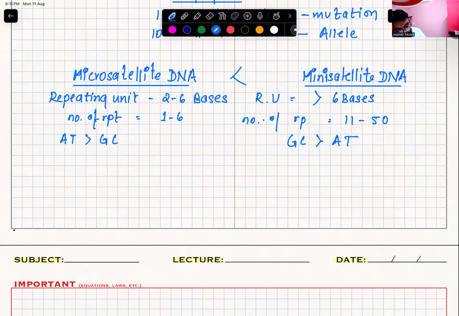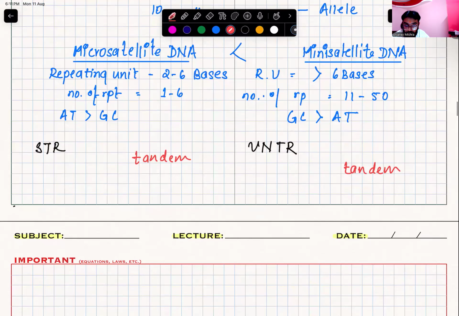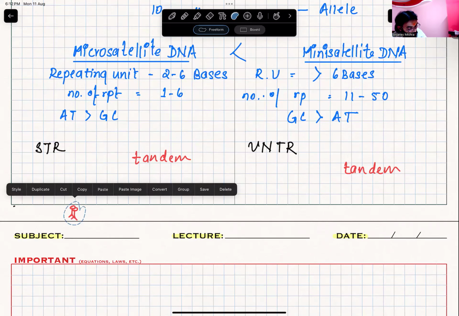Now comes the part which confuses people the most, which is short tandem repeat and variable number tandem repeat. What is the meaning of the word tandem? T-A-N-D-E-M. The meaning of the word tandem is continuous. Let's say there is one individual standing over here, an orange person.